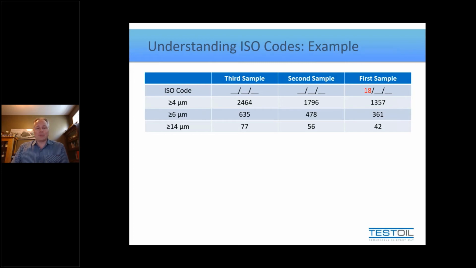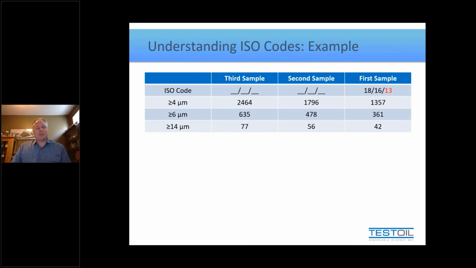So we fill in that first value as 18. Now the next result there is 361 particles per milliliter. That fits in the range of 320 to 640, which is an ISO code of 16. And the last value of 42 falls in the range between 40 and 80, which is an ISO code of 13. So we'd fill in that last one, 13.